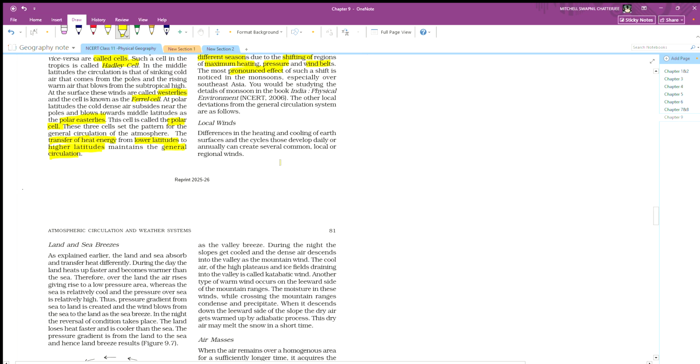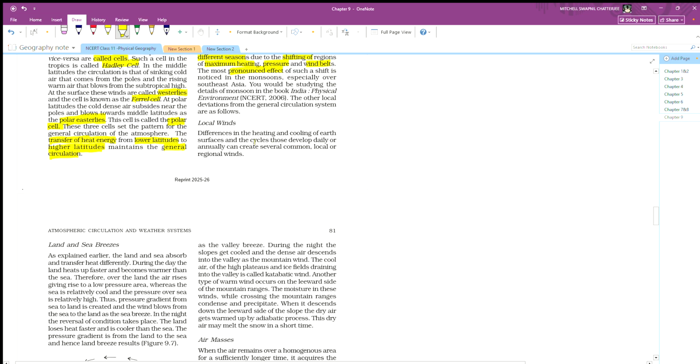Local winds arise from differences in the heating and cooling of Earth's surface. The cycles that develop daily or annually can create several common local and regional winds.